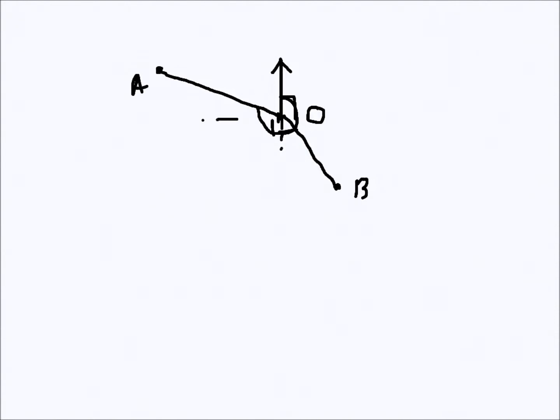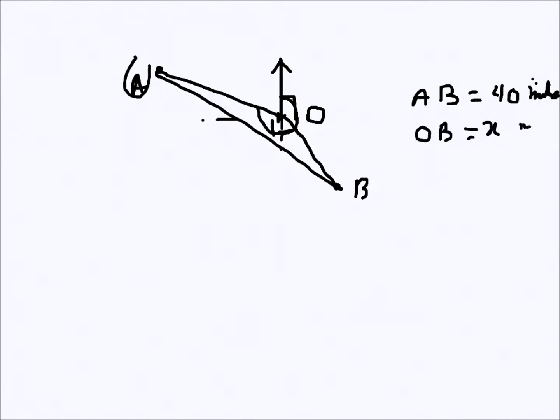So after 1 hour they are in this position, and the distance between A and B is 40 miles. So AB is 40 miles, and the speed of A is twice the speed of B. So if OB is x miles, OA is 2x miles.